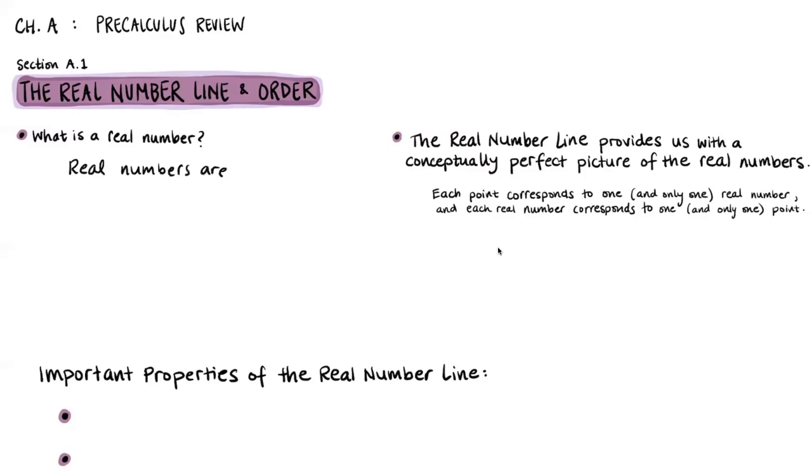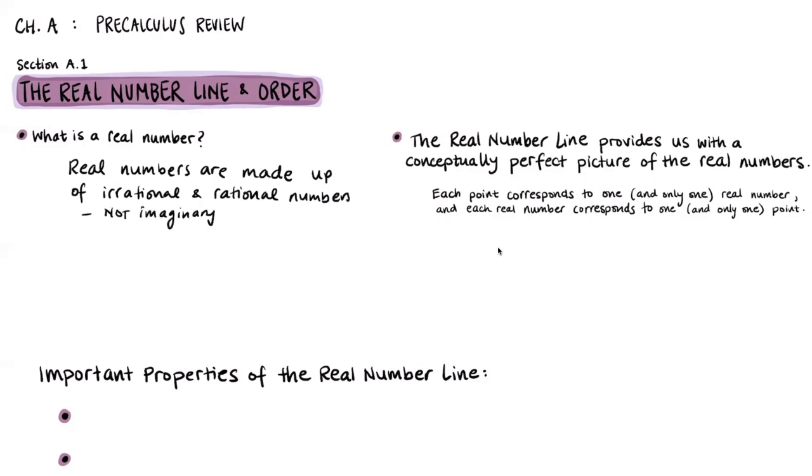So real numbers are made up of irrational and rational numbers. So in other words, they are not imaginary.